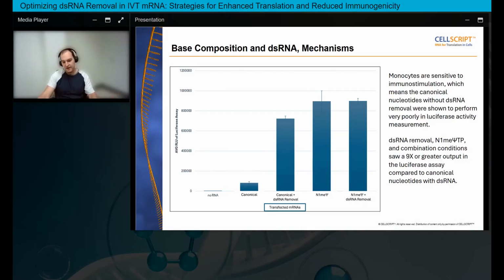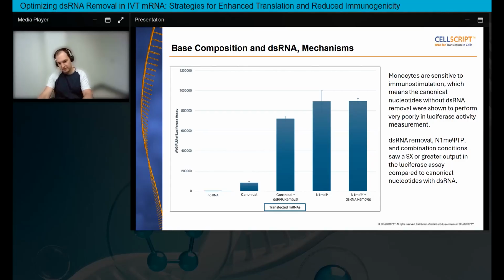Makes total sense. With the canonical RNA that was not purified, meaning it just had UTP and the full IVT amounts of double-stranded RNA, you get a specific response. Take that one step further to the very middle column, and you add double-stranded RNA removal to canonical NTPs, and all of a sudden it jumps up. In this case, it jumped up to be about 9x of what the canonical one was.